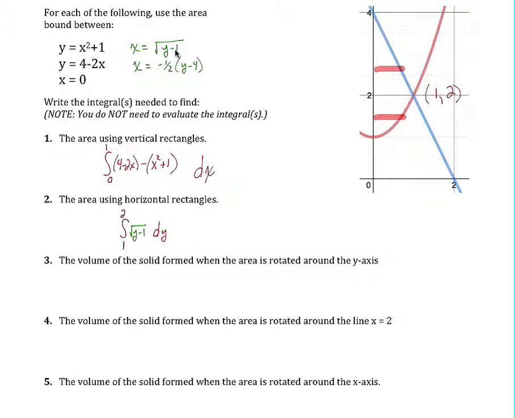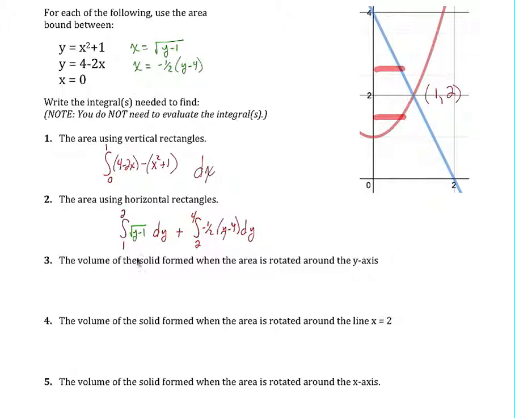And then we're going to add to that the second integral, and the second integral goes from 2 all the way up to 4, and it's defined by the blue function here, the x equals negative 1/2 y minus 4 function. So we're going to do an integral from 2 up to 4 of negative 1/2 y minus 4 dy.